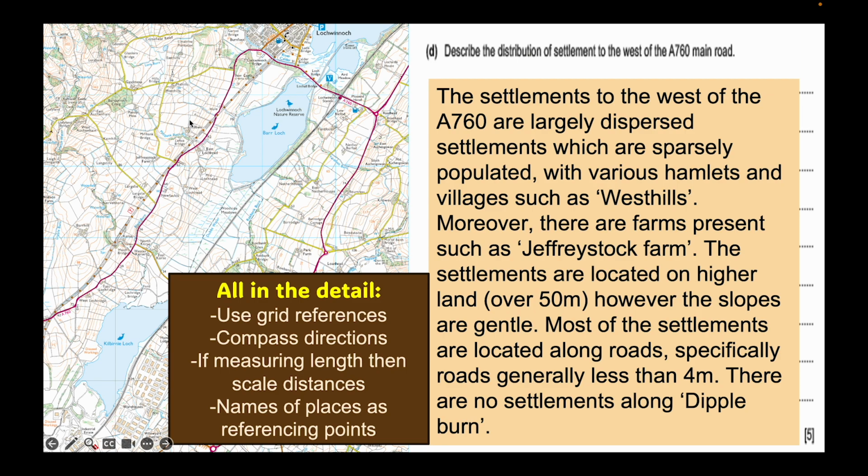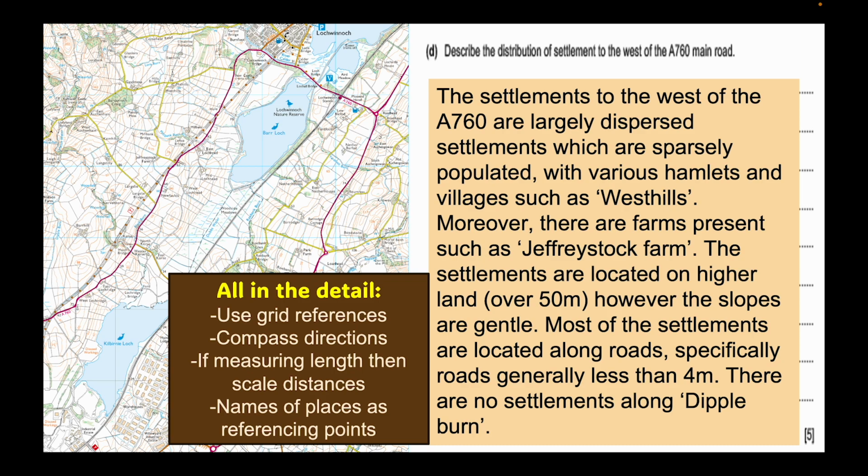are largely dispersed settlements, which are sparsely populated with various hamlets and villages such as West Hills. Moreover, there are farms present such as Jeffrey Stock Farm. The settlements are located on higher land, over 50 meters, however the slopes are gentle.